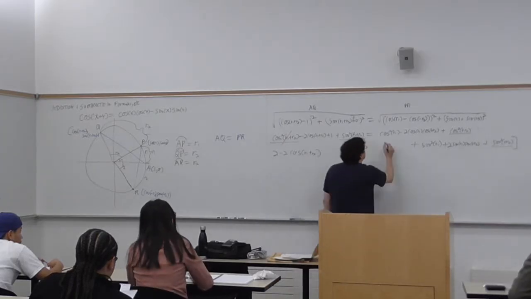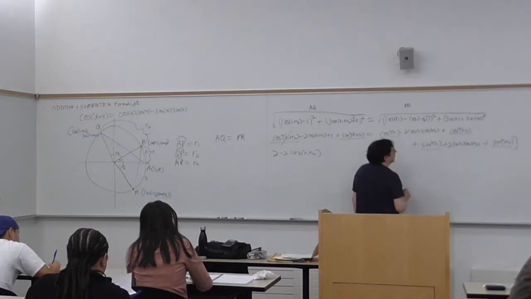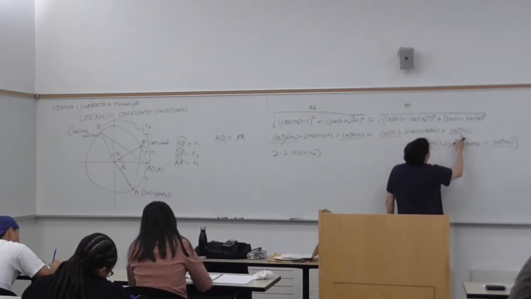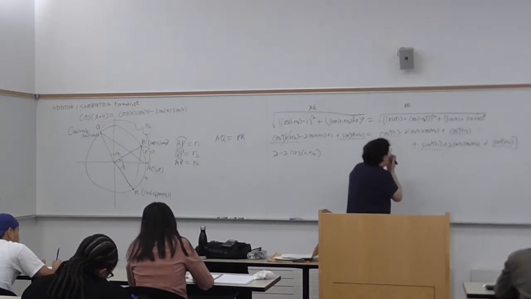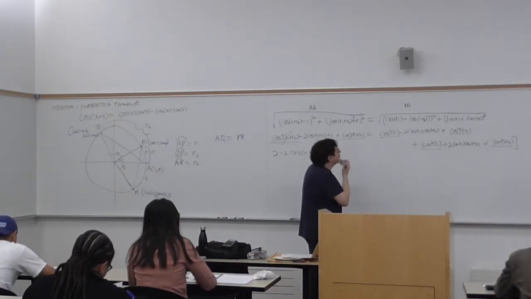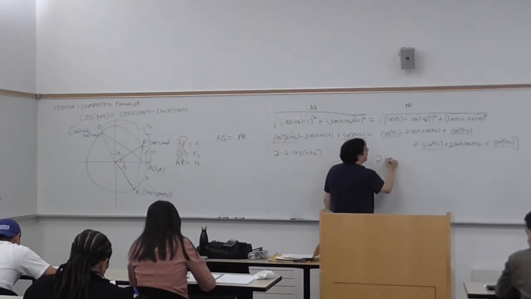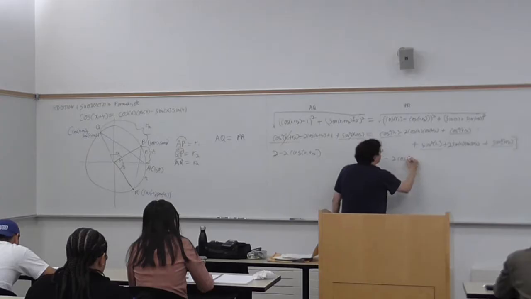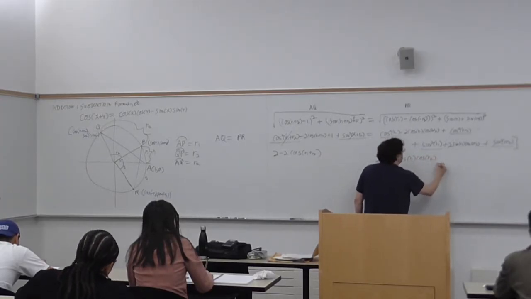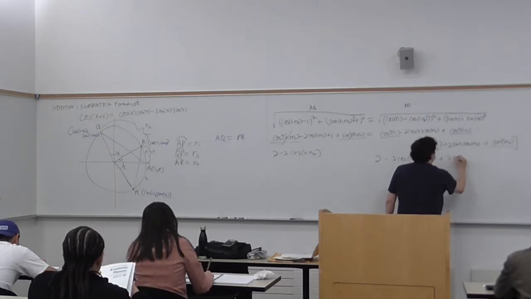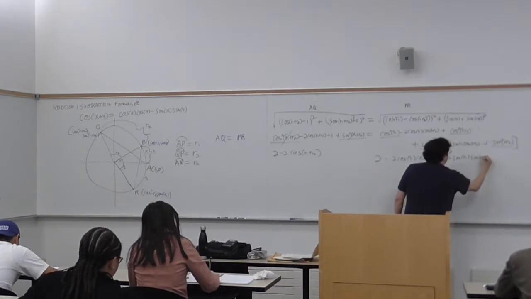All right, now I've got cosine squared R1, sine squared R1. That's 1. Cosine squared R2, sine squared R2. So those are 2, right? So I have 2 minus 2 cosine R1 cosine R2 plus 2 sine R1 sine R2.